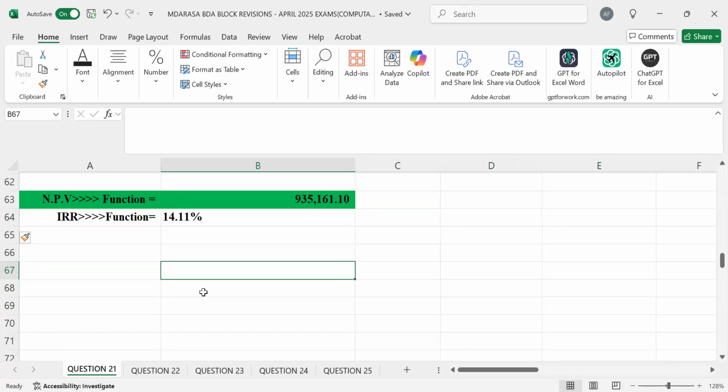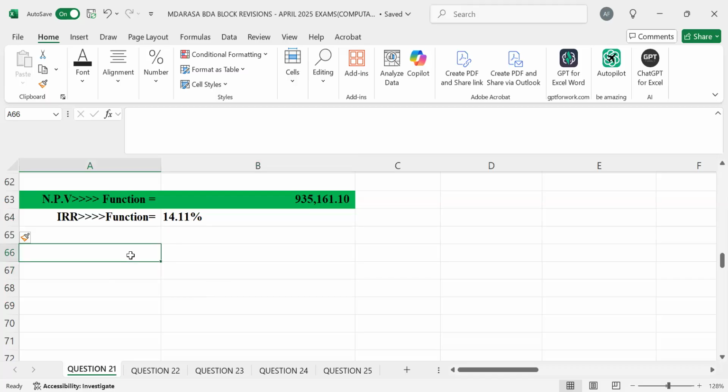Our IRR is a rate that will equate our NPV to be equal to 0. So, given this range, we've determined our 14%. So we need to look at what rate will equate our NPV to be equal to 0.